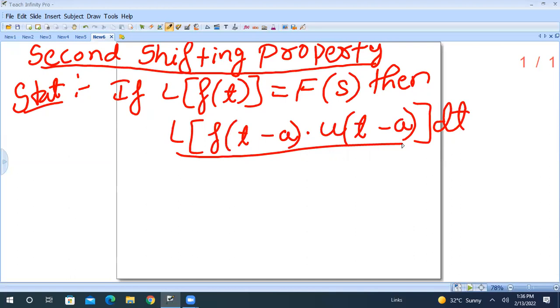Don't get confused, this is u. So to prove it, we take L of f of t minus a into u of t minus a into dt. So this is your f of t. Next we will go through this from the theorem.